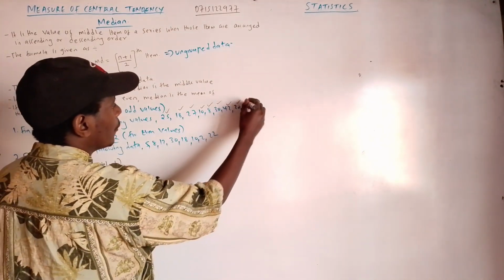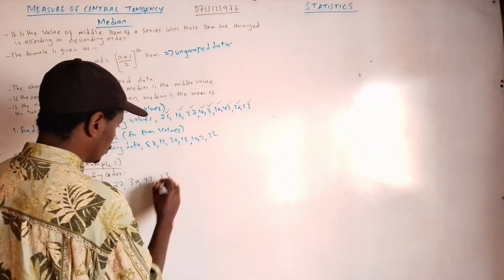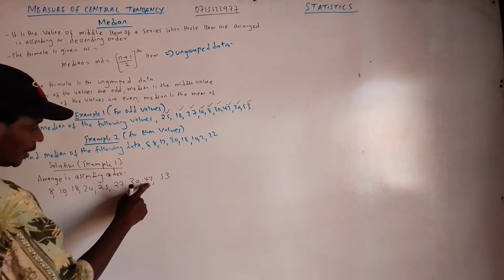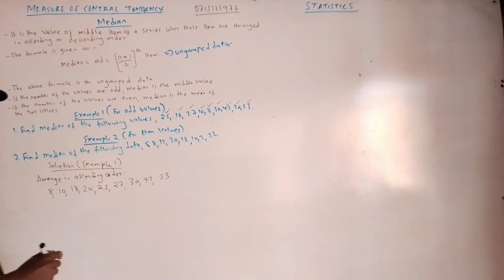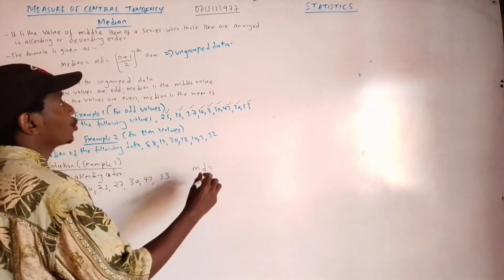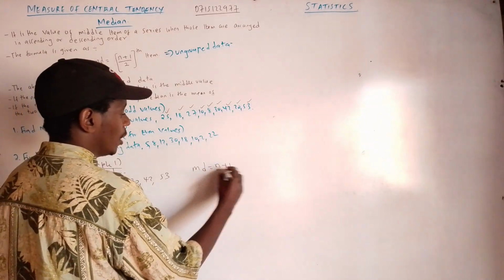Let's count to see if it's 9: 1, 2, 3, 4, 5, 6, 7, 8, 9. Correct. Then our median, remember the formula for the median is equal to the (n plus 1) over 2 nth item.